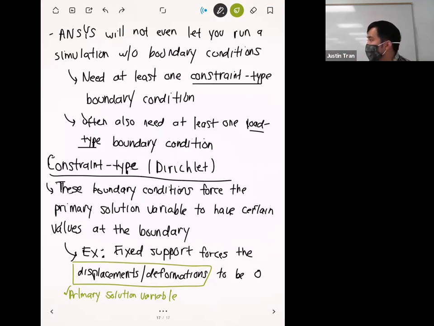And so when you solve a static structural simulation, the first thing it solves for is the deformation, the displacement in this part, and then from there it'll compute things like your strain and your stress and your normal stresses. Okay? And so a constraint type boundary condition will force a value on the primary solution variable.